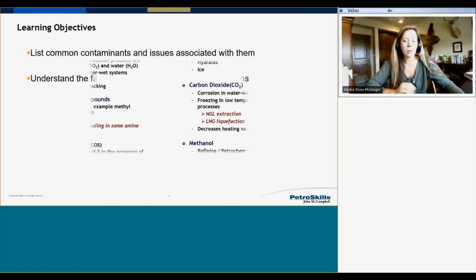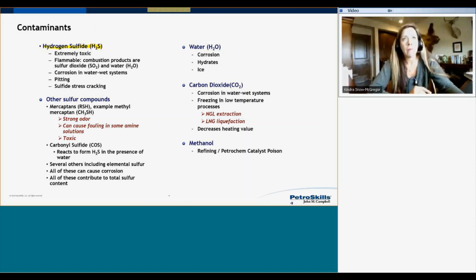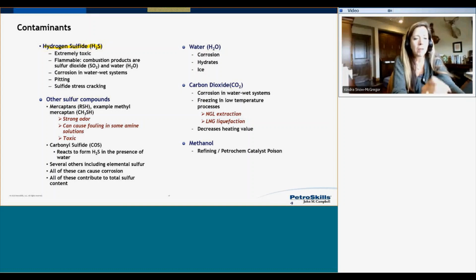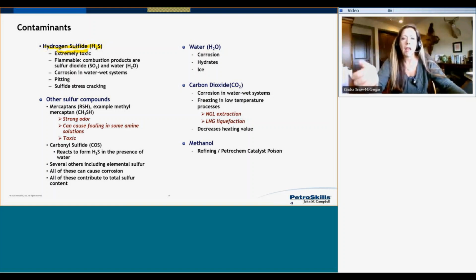Notice on this slide, I'm listing some contaminants. You can see the first one here is hydrogen sulfide. As many of you know, hydrogen sulfide is extremely toxic. But before I go to this slide specifically, let's talk about why I need specifications in the first place. Really what's driving these specifications is safety in their transportation and safety in their end use.